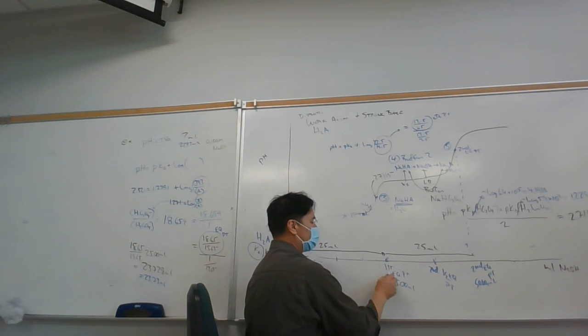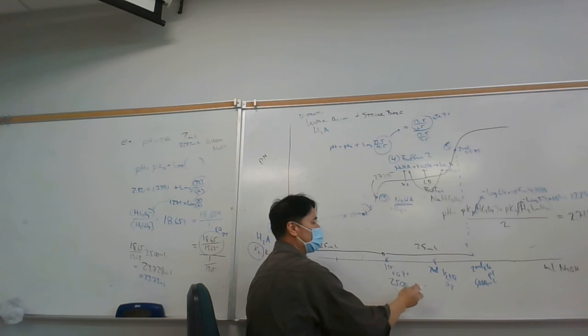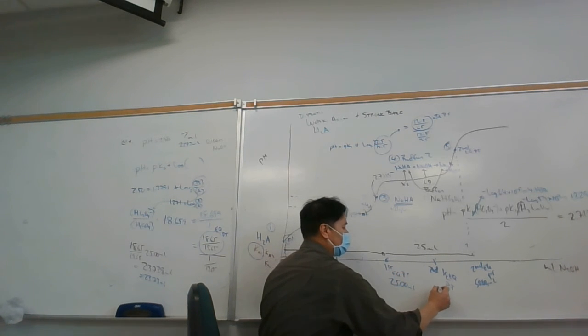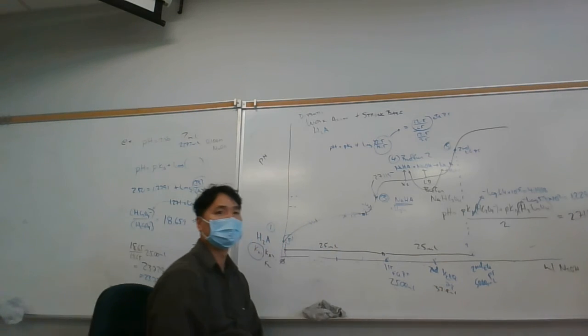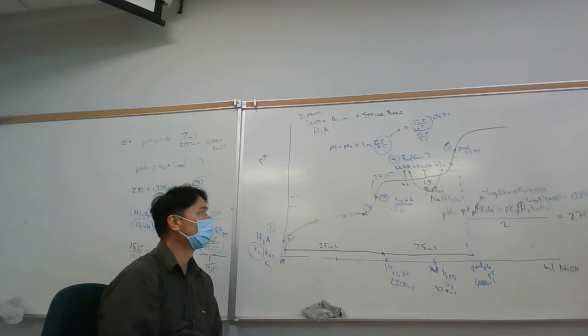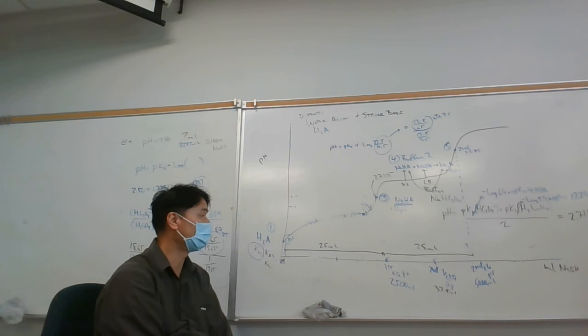We're not starting at 0, we're starting at 25 and then adding another 25 to this. And so the second half equivalence point is going to be at 37.5 milliliters. And what is pH there? pKa2. That would be the pH.